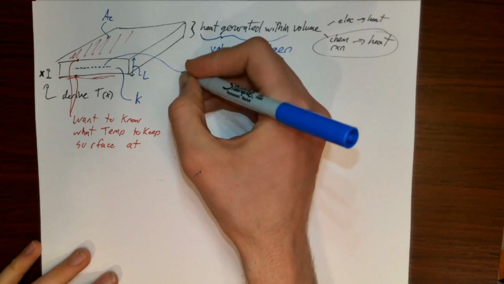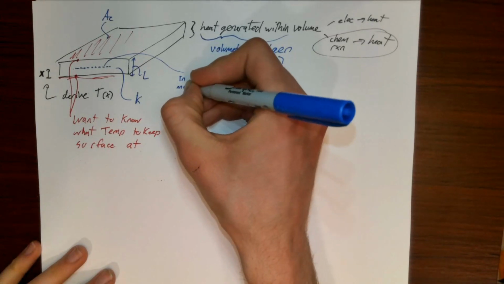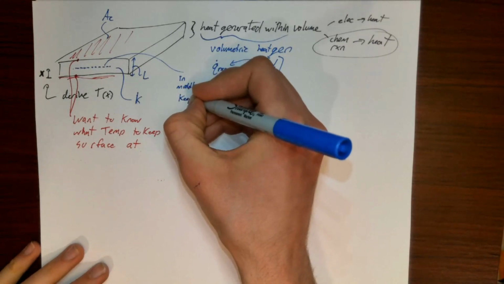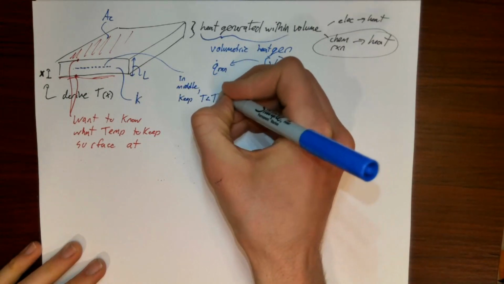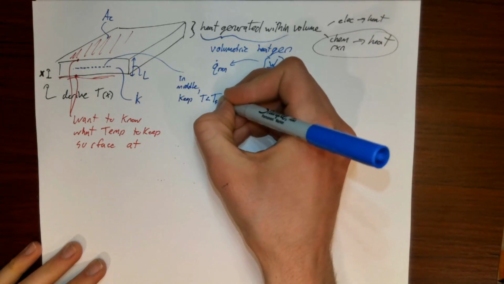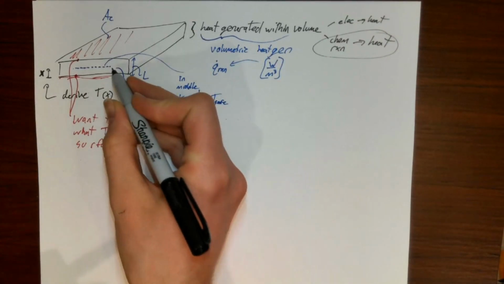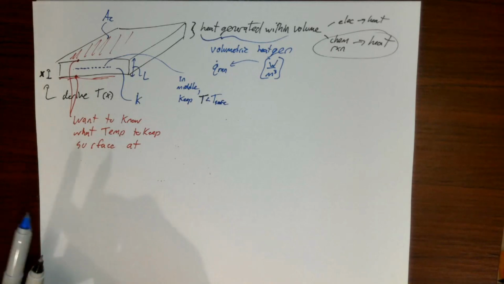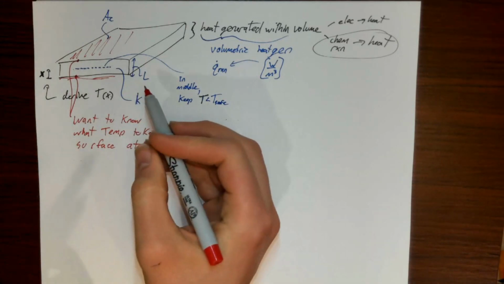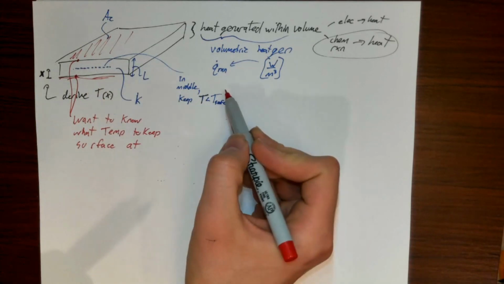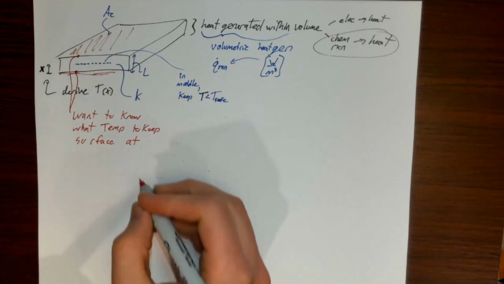So basically I know in the middle I need to keep the temperature less than some safe limit. Whatever temperature exists in the middle, I need to keep that below some safe limit. So I want to know, hey, what temperature do I need to keep the edges at in order to have the middle be less than the safe temperature?